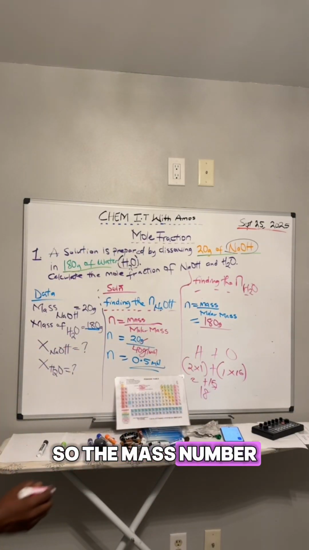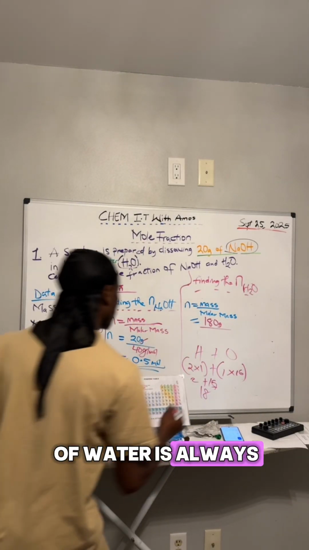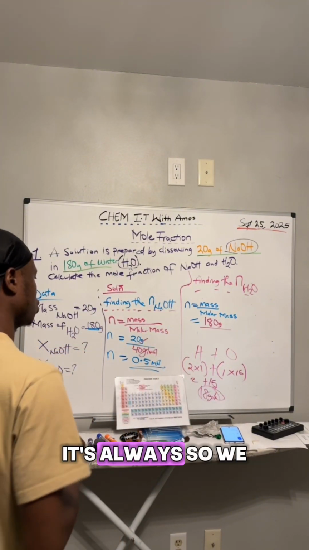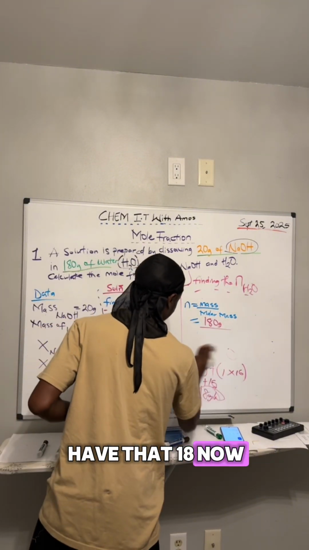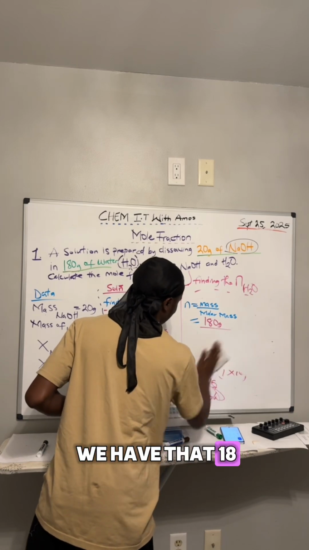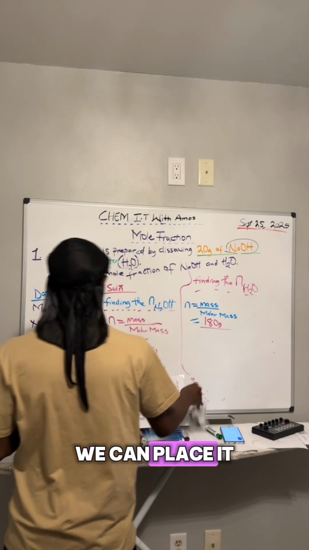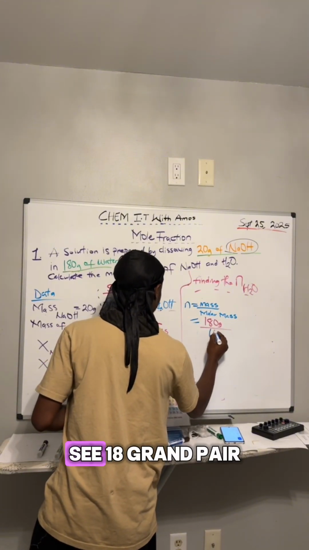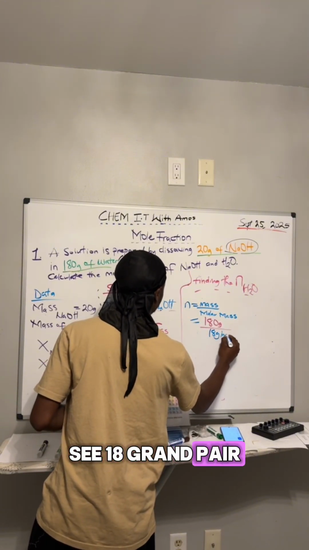So the molar mass of water is always 18 gram per mole. We place 18 gram per mole at the bottom.